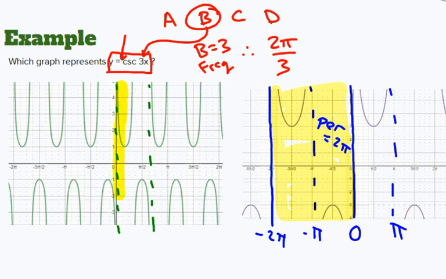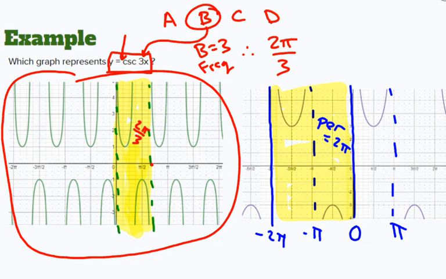But I can tell that it is something between 0 and something more than pi over 2, less than pi. I can buy that that's going to be 2 pi over 3. That would be about where that asymptote would be. So I would say this is definitely my answer.